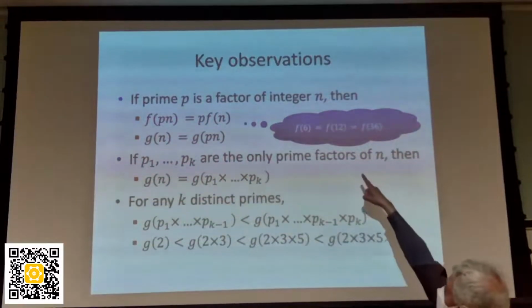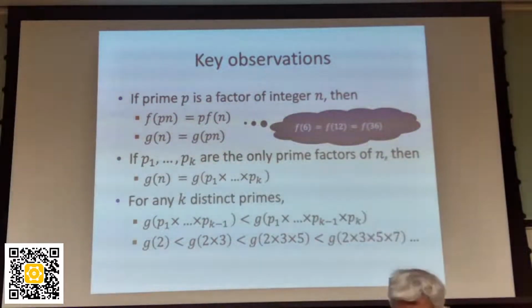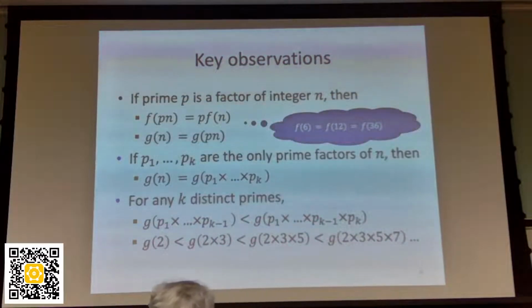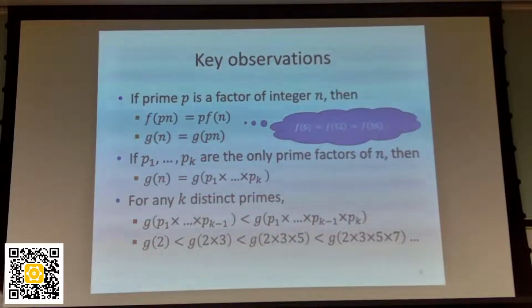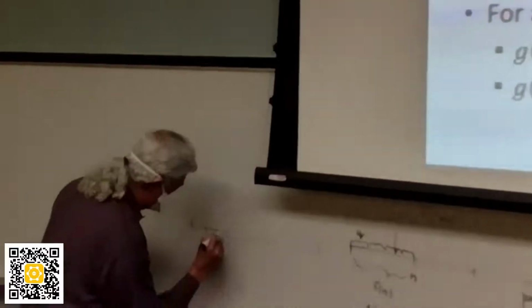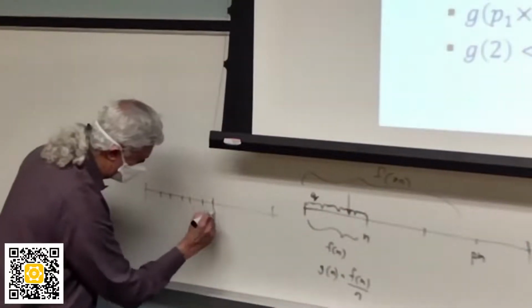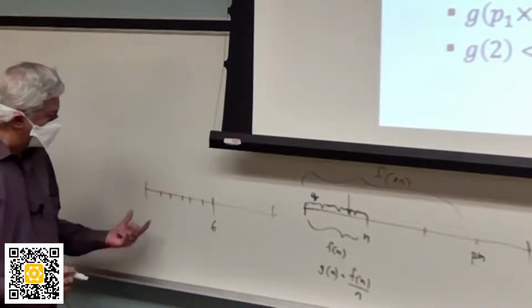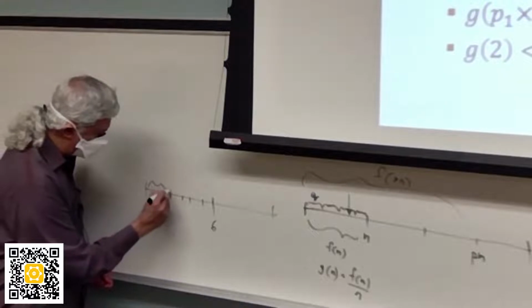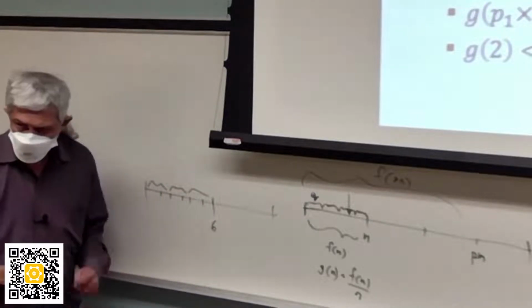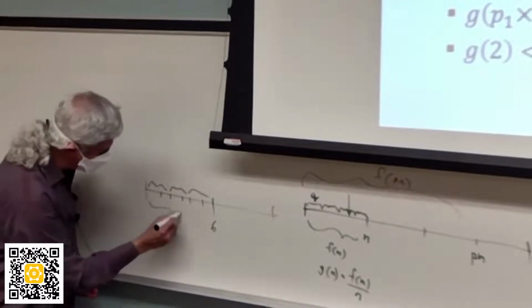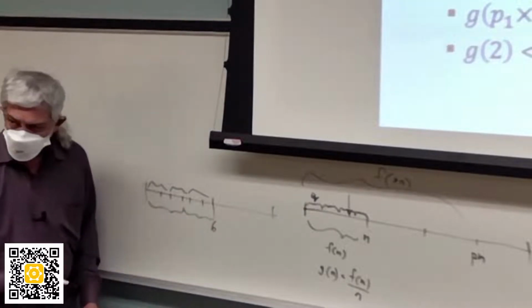So one of the major things you get, for instance, is let's say we try to find f of 6. 6 has, so let's say we have 6 here. 1, 2, 3, 4, 5, 6. So that's 6. Clearly 2 is a factor of 6. So is 3. 3 times 2 is 6, right?